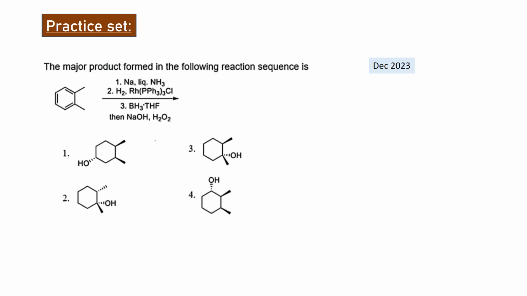What will be the major product formed in the following reaction sequence? If we add sodium and liquid ammonia to this ortho-xylene, what will happen? It will undergo a Birch reduction, forming this Birch reduced product.